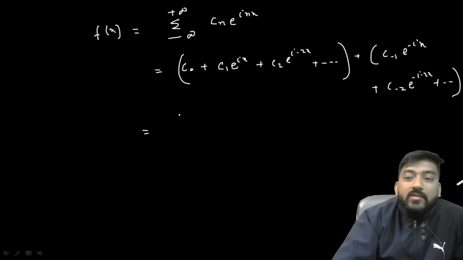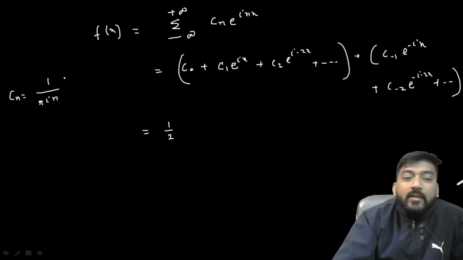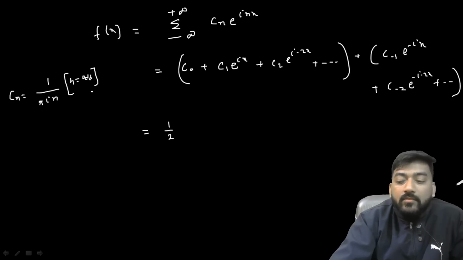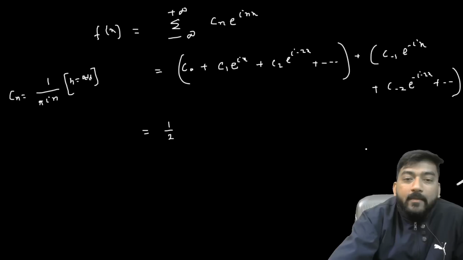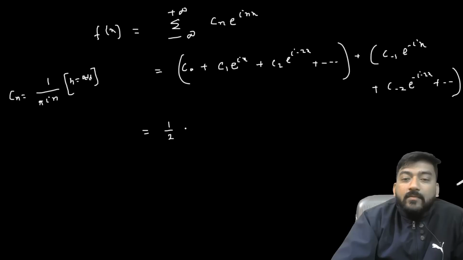So c0 is what? C0 we have half, plus what will be c1? So we have cn is equal to 1 upon pi i n, and this is only for n equal to odd value. So what will be c1? c1 is 1 upon pi i times e to the power ix.